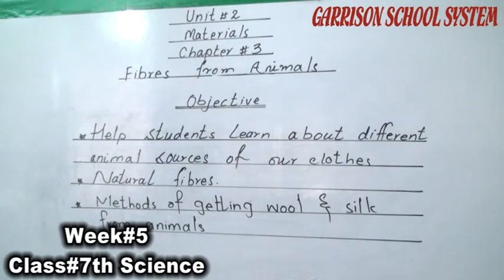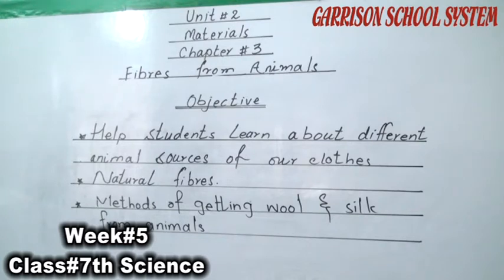As I have told you, animal fibers are obtained from animals. They are mainly of two types. One is wool and the other one is silk. By the name wool, it is simply assumed that we obtain wool from animals like sheep, goat, camel, yak and many other animals.